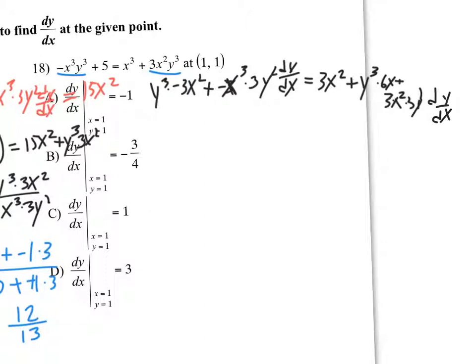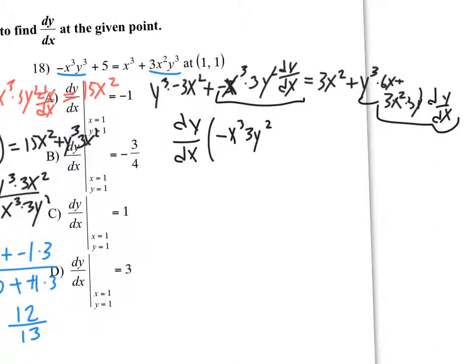I'm also going to factor out a dy/dx at this point, and that would end up giving us negative x cubed 3y squared. That's from this one. And moving this one over, that would make that minus... oop, that's just this part. So minus 3x squared times 3y squared.